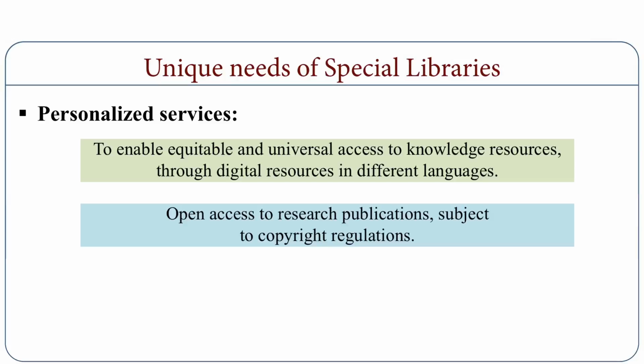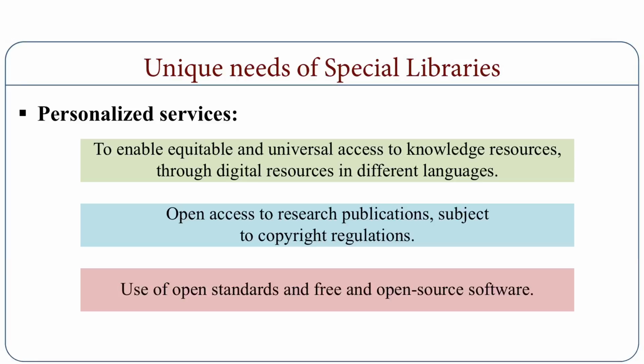And they have also highly recommended open access to research as well as learning resources and information resources, and also open source software. To implement open access for the information resources, they have recommended open source software.